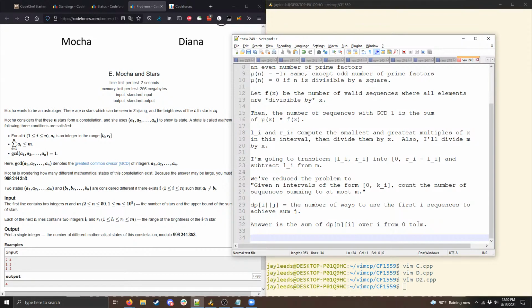Now, naively, this DP would be O(nm^2). The reason is that this interval can have length m, so there are m possible values you might need to check for each position. But we can optimize this using prefix sums.